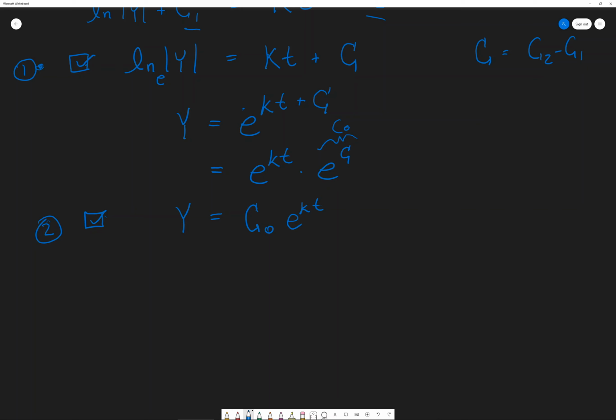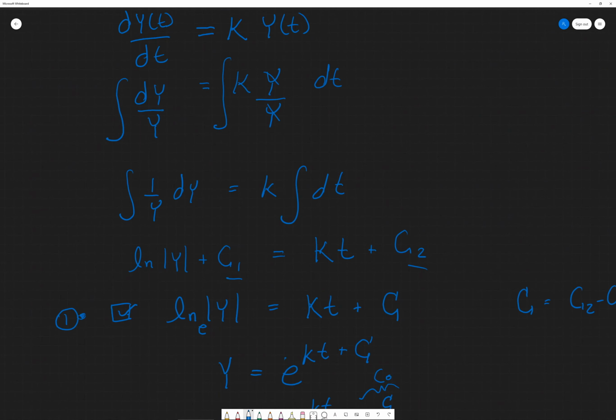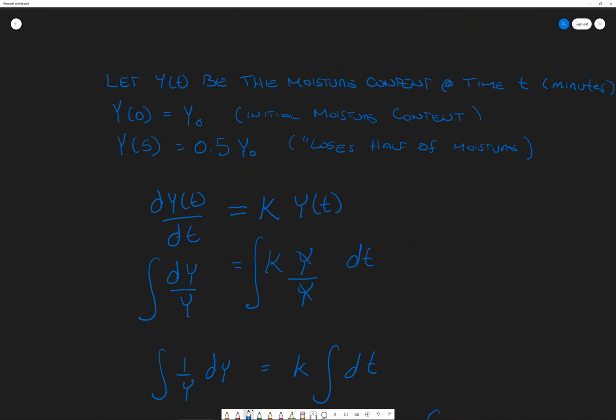But since we have initial conditions, we have y at 0 equals y0, and y at 5 equals 0.5 y0. So we have those two.